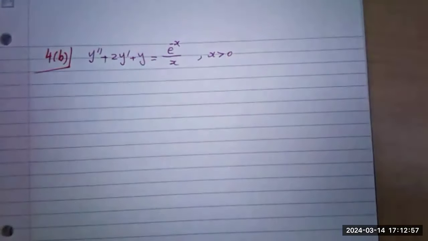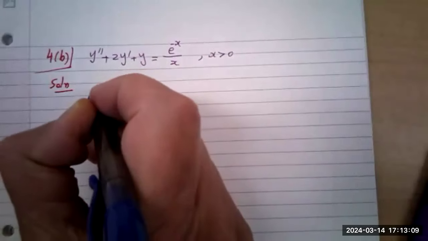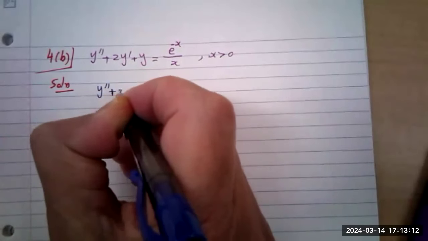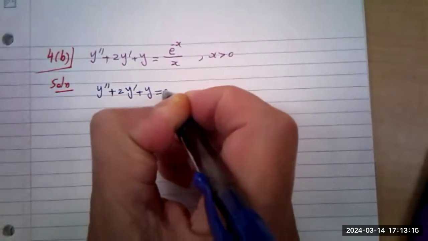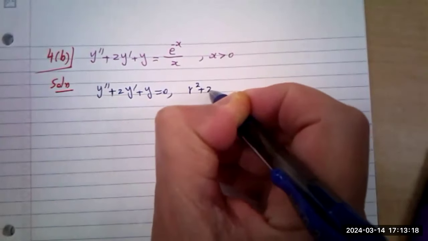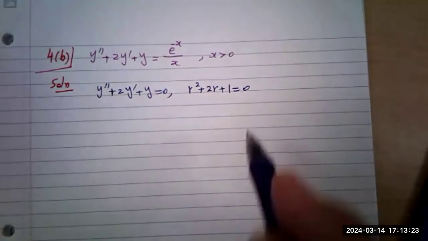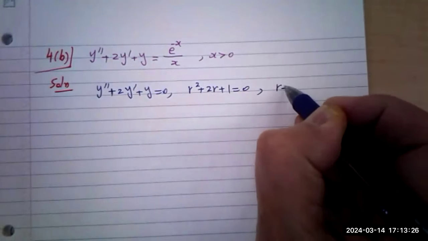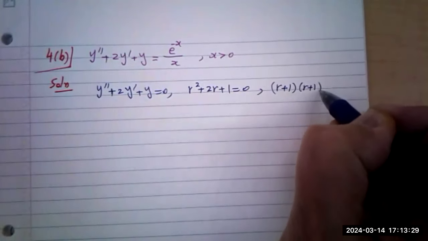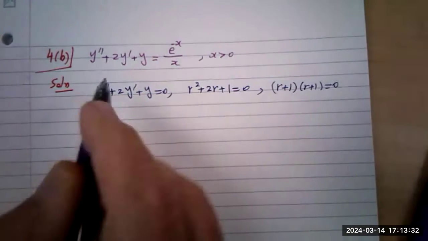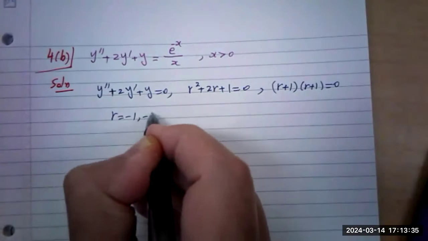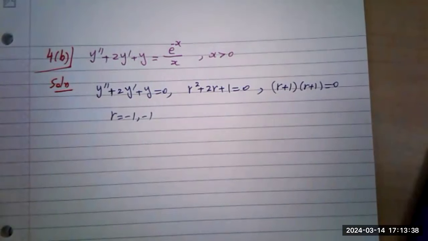So again, we have to solve the homogeneous one first. So y double prime plus 2y prime plus y equals 0. That gives you r squared plus 2r plus 1 equals 0, so we have a repeated solution, r plus 1 squared. So r equals -1 and -1.